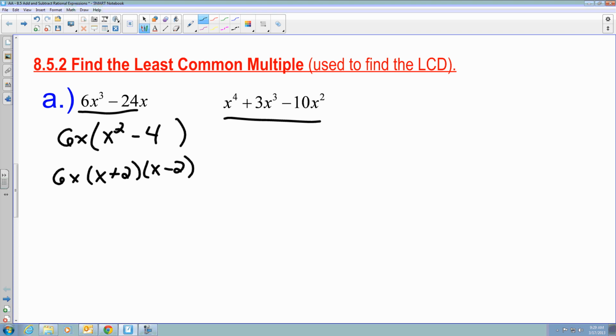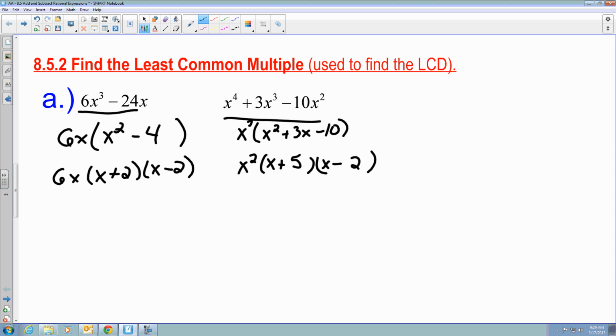Then for here, I could take out an x squared. And that leaves me with x squared plus 3x minus 10. And then I can reverse FOIL this out, and I can get plus 5 and minus 2.